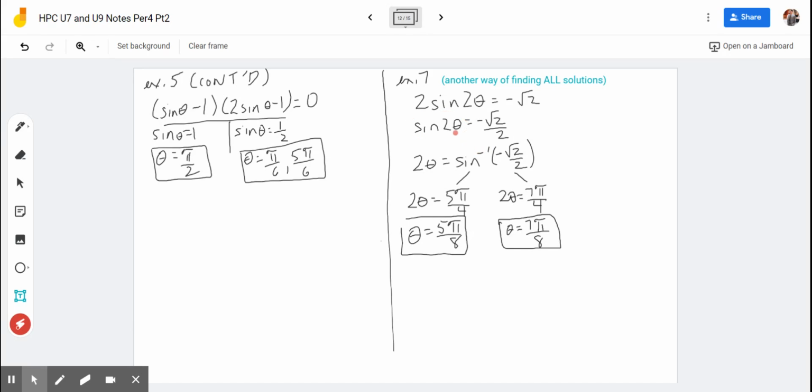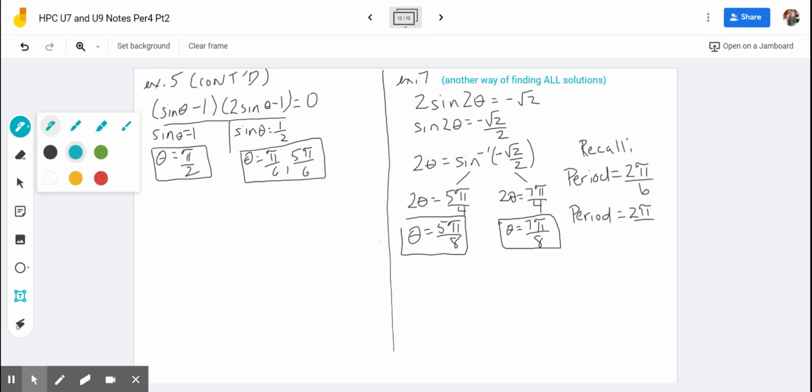If we think about graphing the trig equation, recall that the period of a trig function is 2 pi divided by b. So the period is equal to 2 pi, and in this case it would be divided by 2. So the period of this function is technically equal to pi.